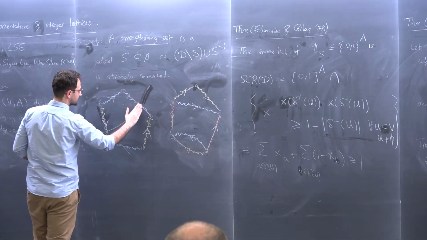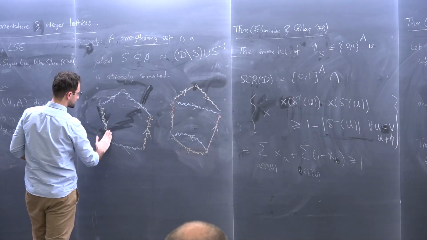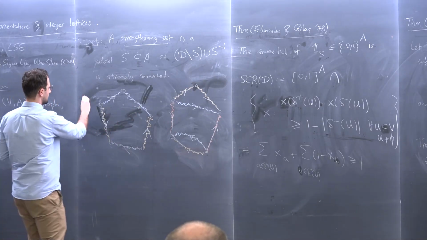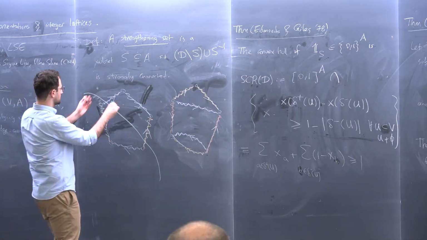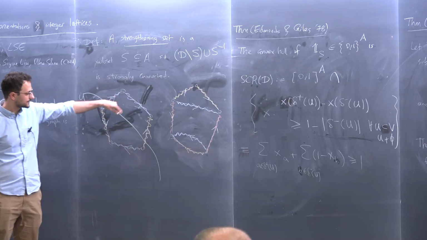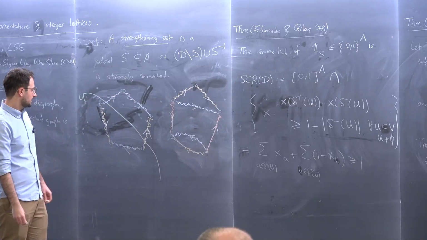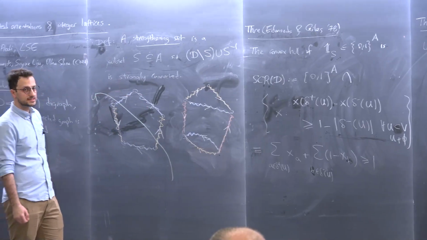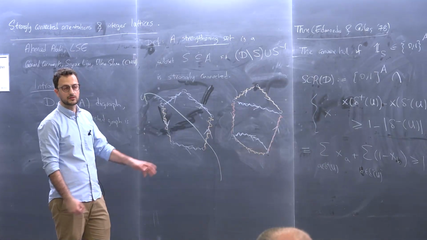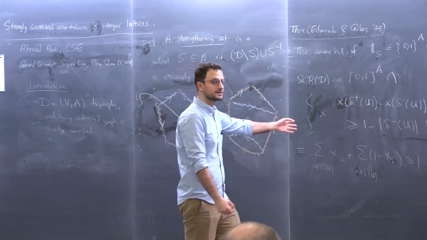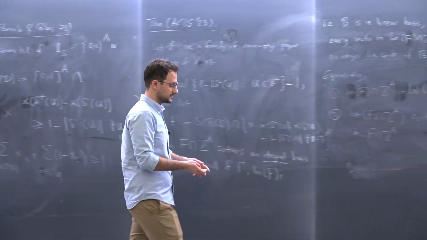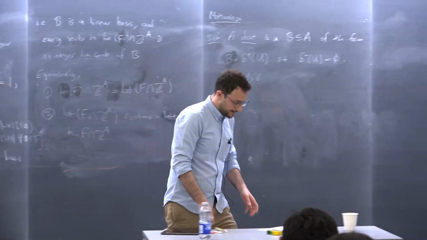One reason why it's not strongly connected is because I have cuts where all the arcs are going the same way. The arcs are all going out, nothing's coming in. To get a strongly connected digraph, after flipping the arcs, you need to get rid of all of these, which is effectively what all these inequalities are doing.